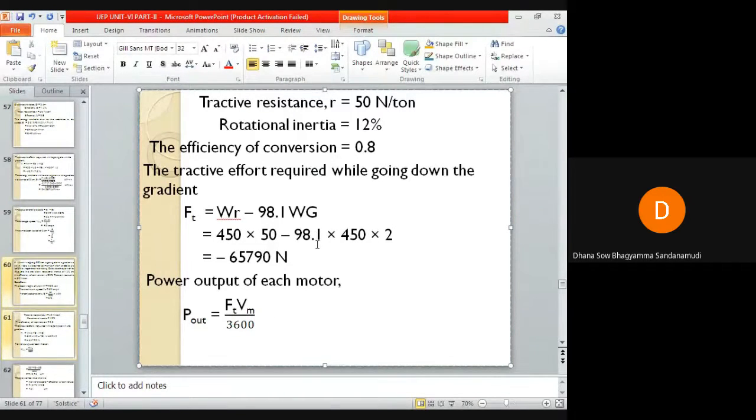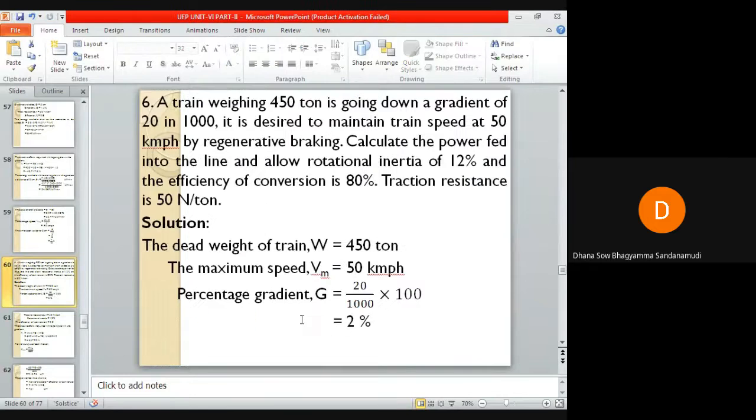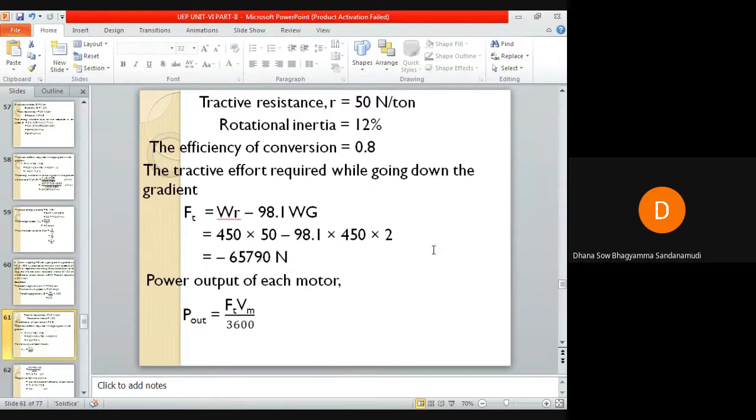So W into R you already know. W is the dead weight, that is 450, R is 50, 98.1 into W is 450, and gradient is 2%. We have calculated in the previous slide. Gradient is 2%, so 2. You just simplify this, you will get 65,790 newtons.